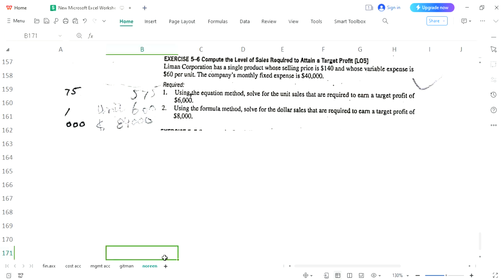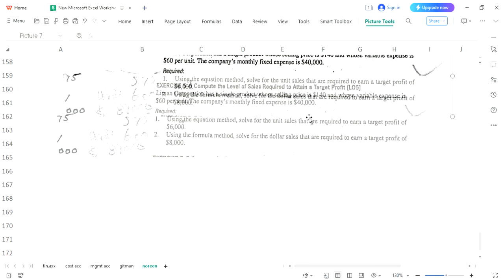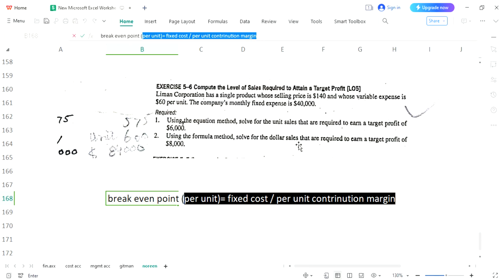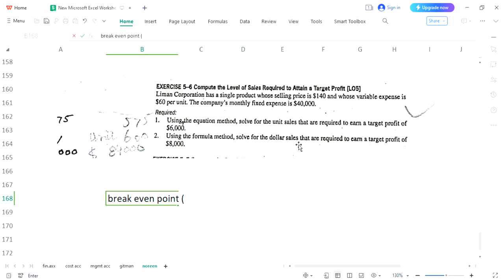Okay, in the second part you need to put a formula. First let me know what the formula for break even is. Break even in terms of dollar, the sales break even point. How do you calculate it? You need to have your fixed cost and then divide it by the CM ratio.